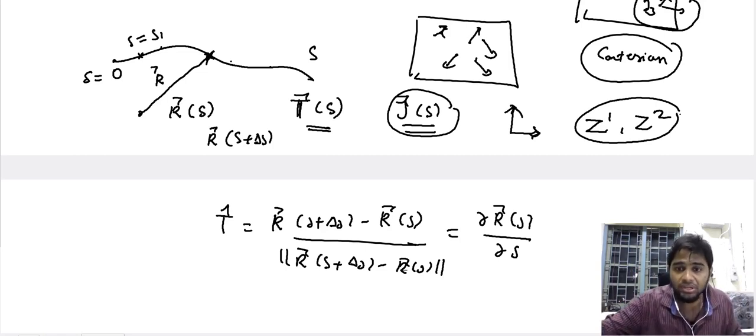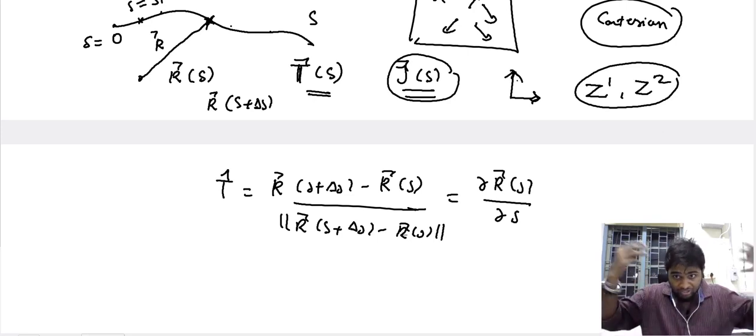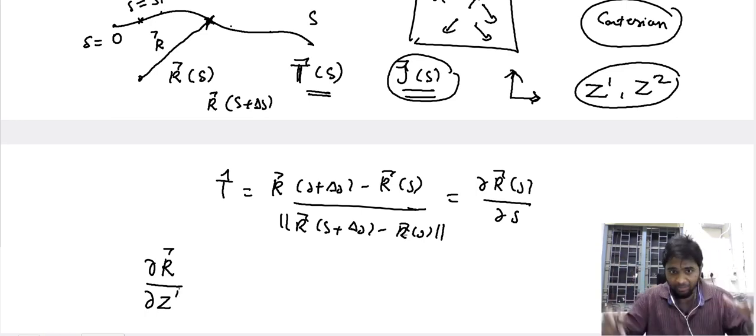So in order to introduce this orthonormal basis, we are considering a generic coordinate system, and the relation between this generic coordinate system and the orthonormal basis which we have established earlier is nothing but the partial derivative of the position vector with respect to the corresponding coordinate of the system.